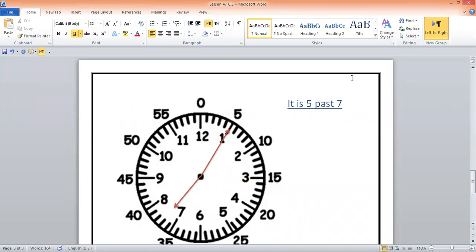That means 5 minutes have passed after 7 o'clock. Or like we see in the book, you can also say it is 7:05. You can write like this also. It is 5 past 7 or it is 7:05. Both are correct. Clear, guys?